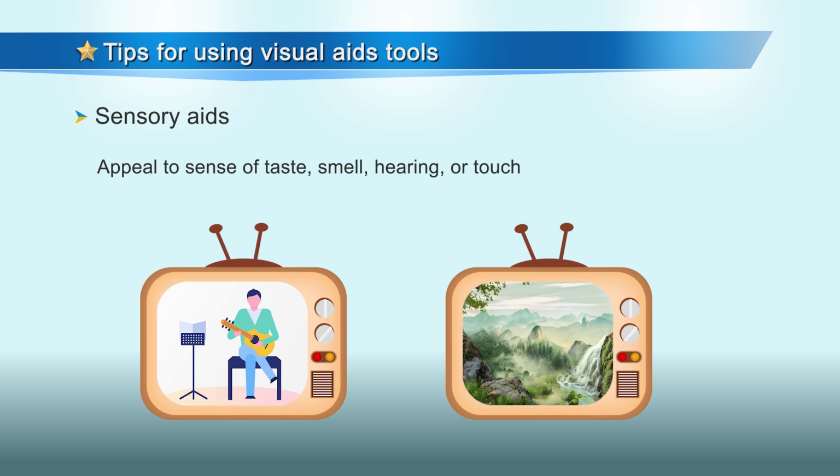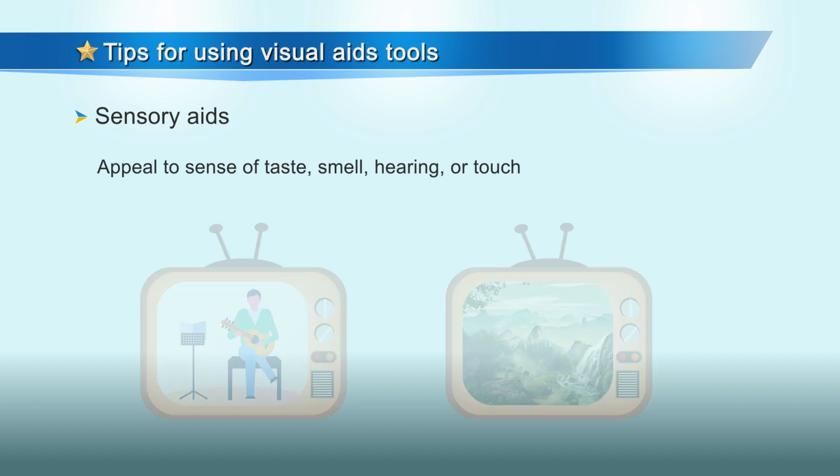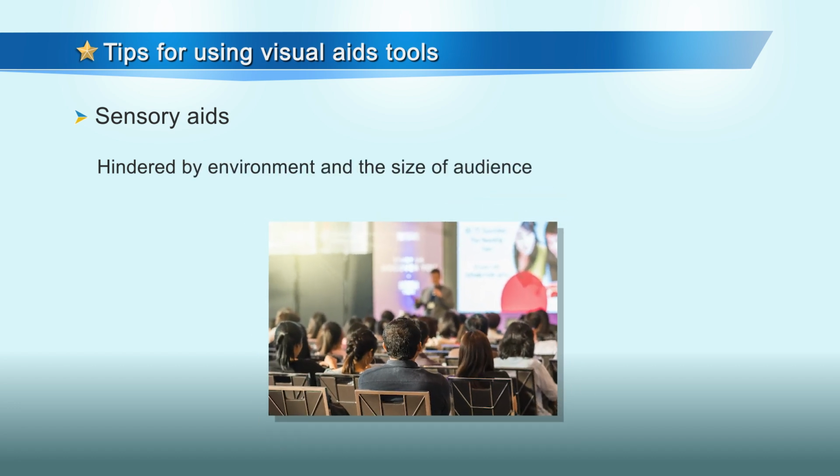They easily get the audience immersed in the audio-video scene and keep their attention for a long time. But the use of sensory aids is often hindered by the speech environment and the size of the audience. People at the back might not see you quite clearly.